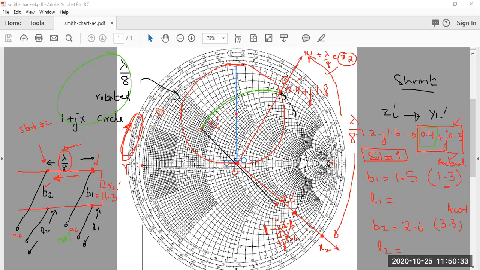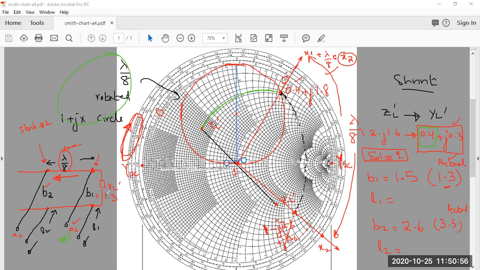So I will call this point Y open circuit. And this becomes Y short circuit. So on the admittance Smith chart, this is the short circuit point and this is the open circuit point. Because we are dealing with open circuit, this is going to be our reference.